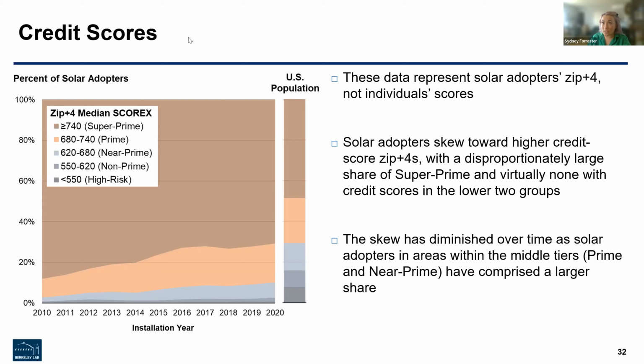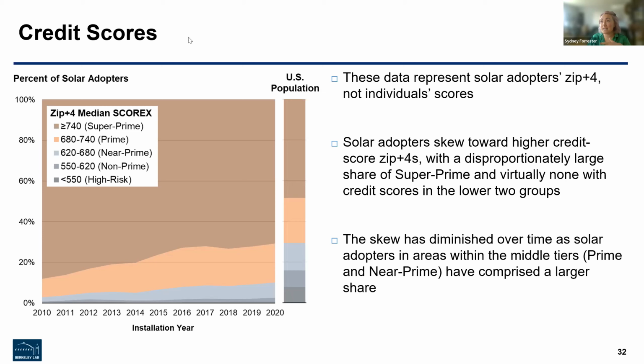We have credit scores, and the caveat here is that due to data privacy issues, we just have zip+4 as opposed to the individual or the household actual credit score. And so zip+4 is a relatively small cluster of homes, but that means it could be impacted by things like high levels of home ownership in certain areas.